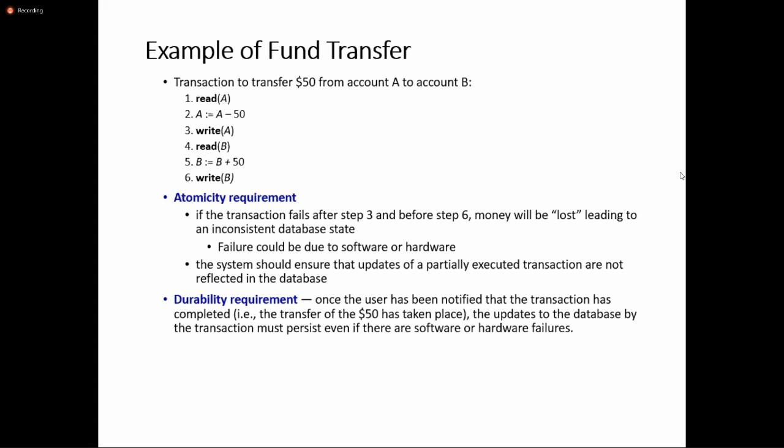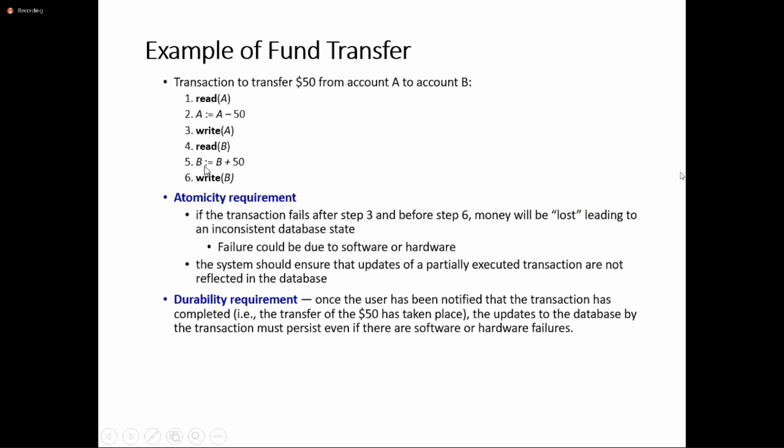Okay, that money is to be deposited into another account, B. Then it happened that up to step 3 is successfully completed. But after step 3 and before step 6, money will be lost, leading to an inconsistent database state. Failure could be software or some hardware failure. Okay, it happened that way.